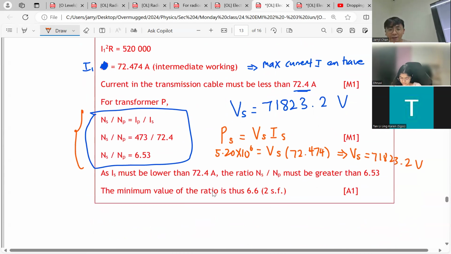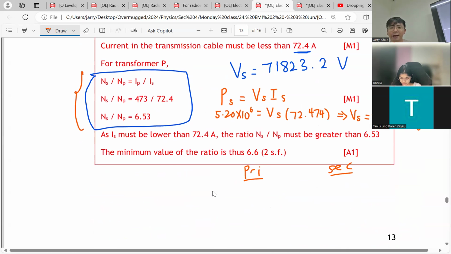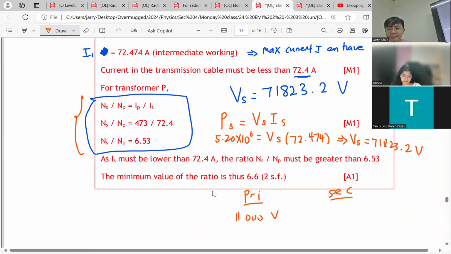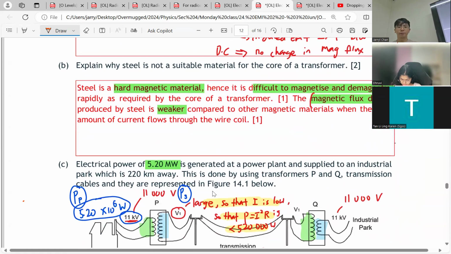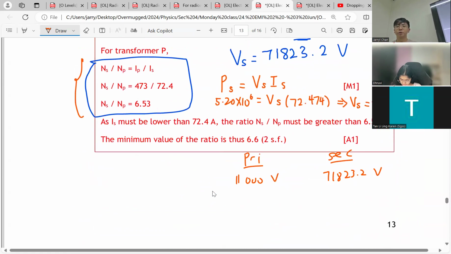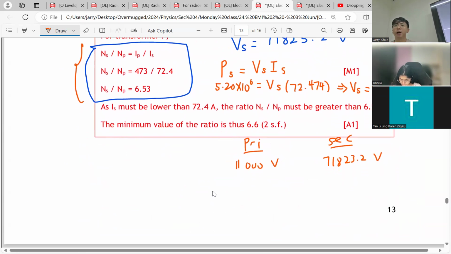If I lay this out more systematically, primary I have 11,000 volts, and I want my secondary to be 71823.2 volts. So the turns ratio will be NS over NP. NS over NP is my turns ratio, therefore 71823.2 divided by 11,000.